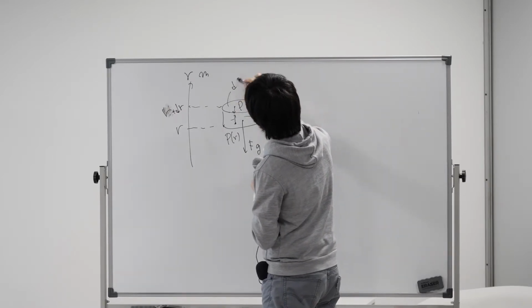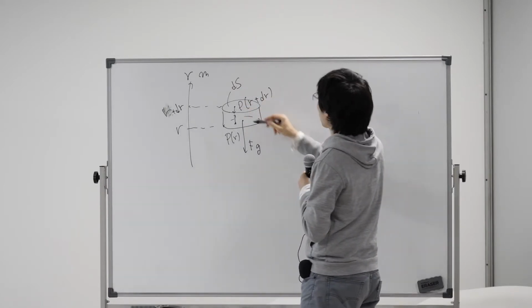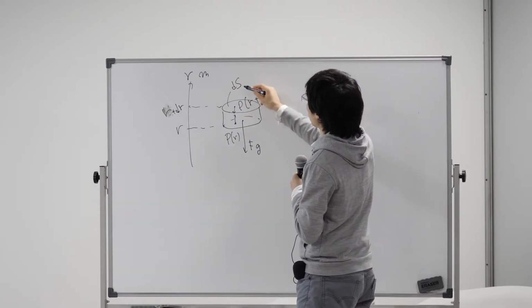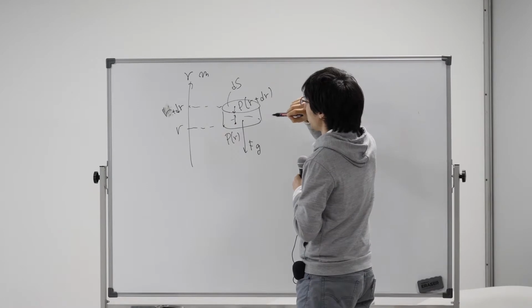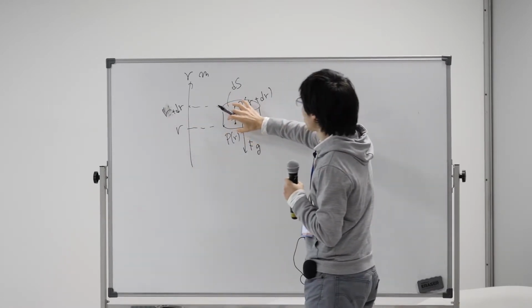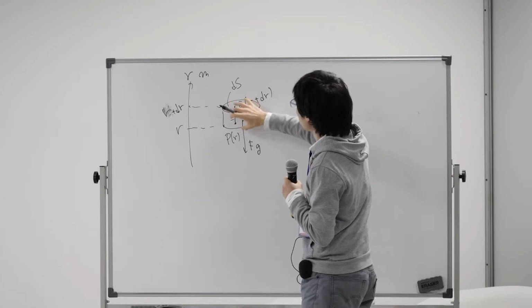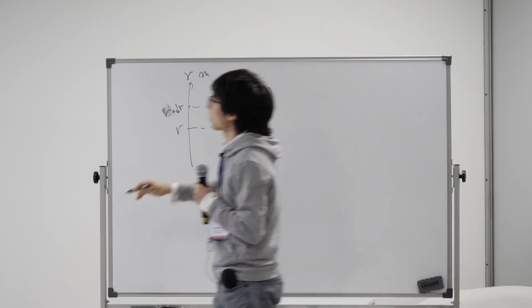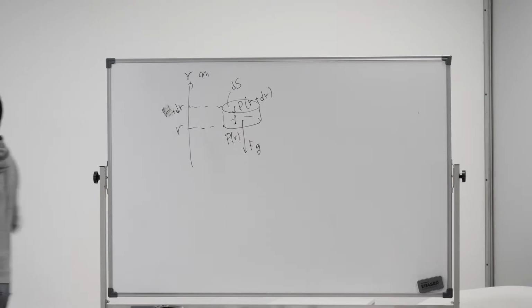And if we say this surface has the ds, then the pressure through this force which this object feels should be the second term.